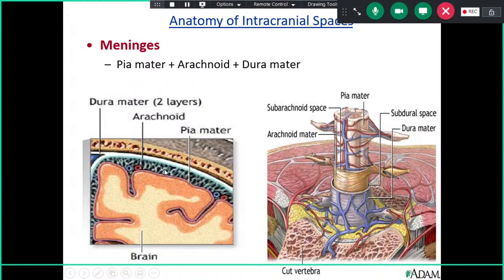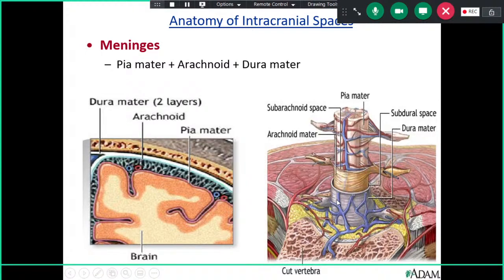You have to understand that this subarachnoid space is a loose, trabeculated space, and there are many different blood vessels in this area, and this subarachnoid space is usually occupied by the cerebrospinal fluid, and this space is continuous with the rest of the spinal cord.